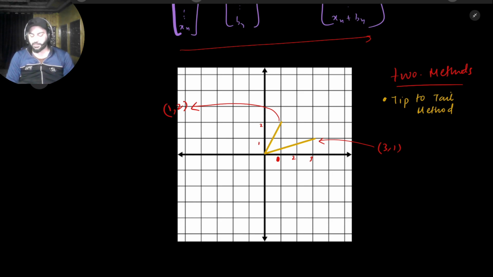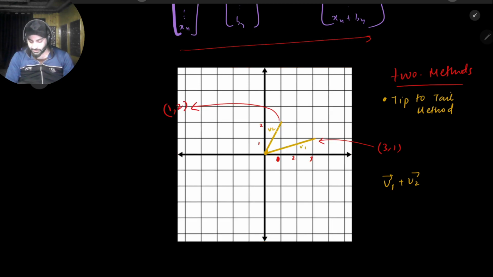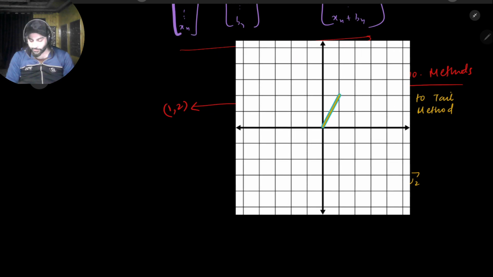You can move this vector. For example, if we have to add vectors, let's call this vector v1 and this vector v2. If you want to compute v1 plus v2, this is the tip and this is the tail. The tail is the vector's origin, and the tip is where the arrow points. I can take this vector and move it around.